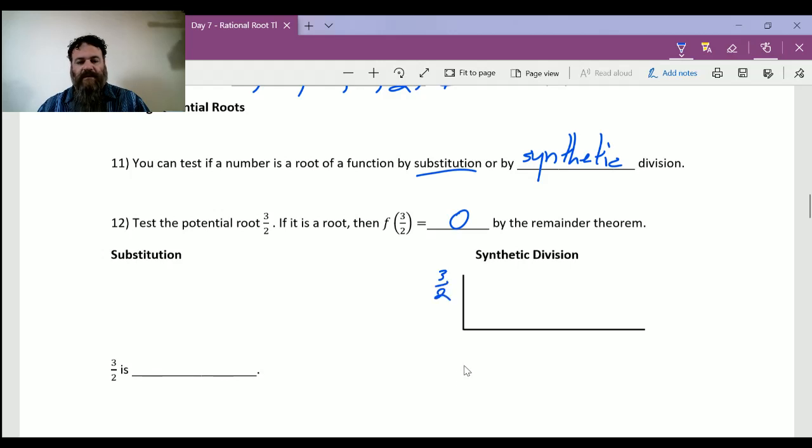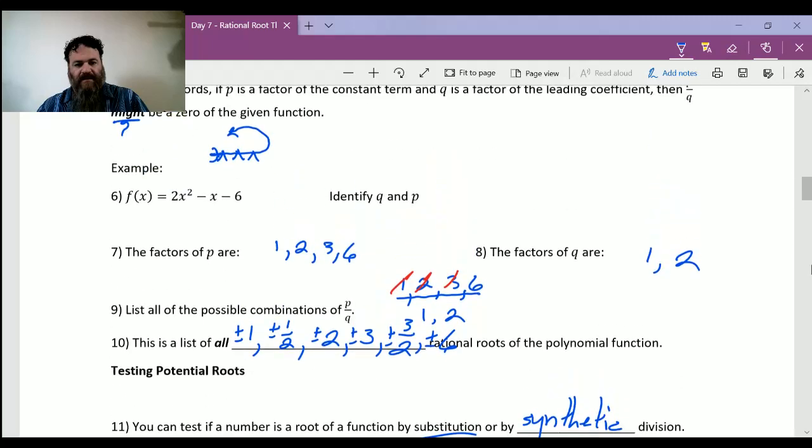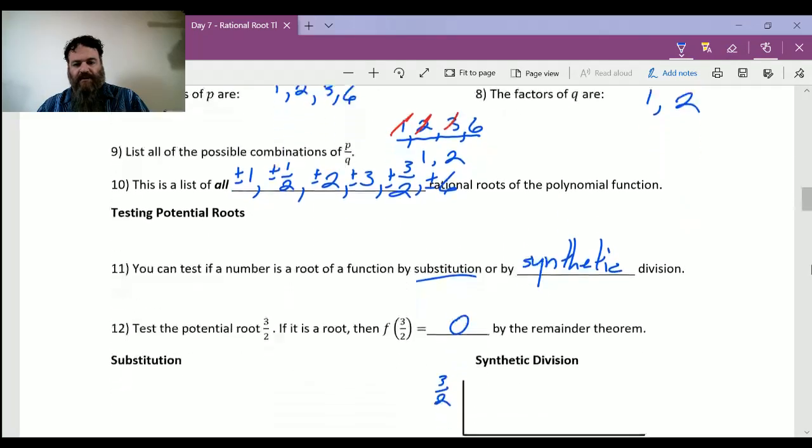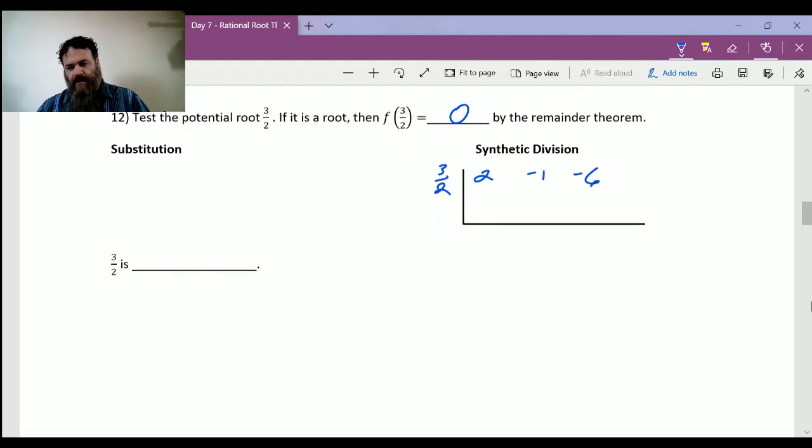3 halves. And let's go back to the function. What was it? 2, negative 1, negative 6. Bring down the 2. Multiply. Guys, you can use your calculator to do that. 3 halves times 2, the 2's cancel out.